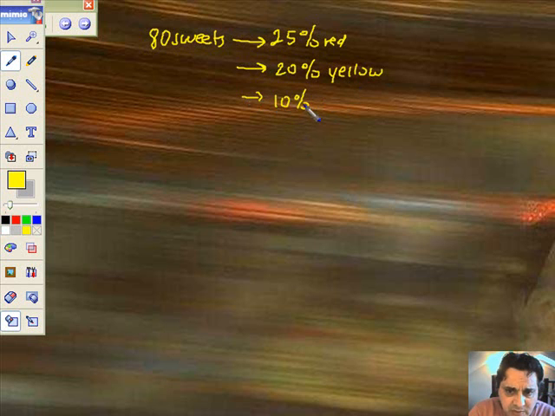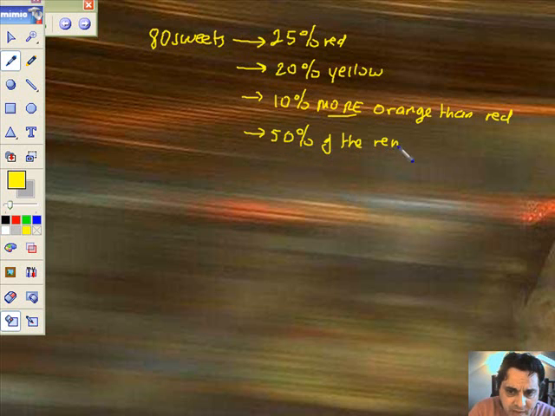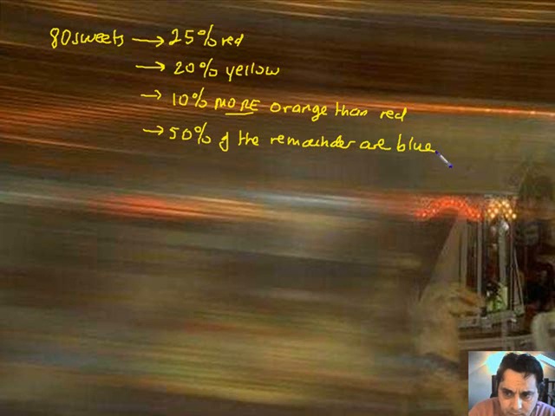So 10% more orange than reds, and then I've got 50% of the remainder are blue. And the question is, how many green sweets are there?